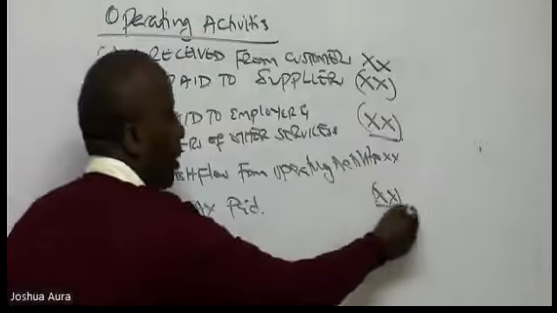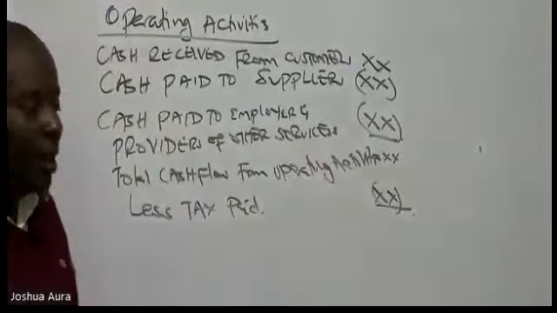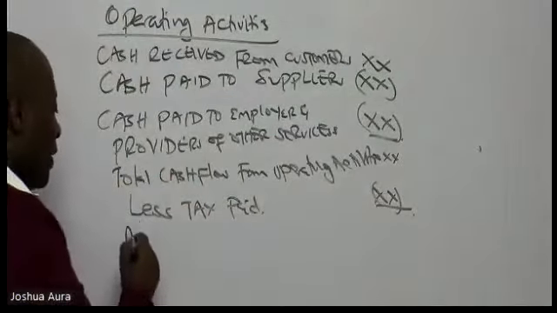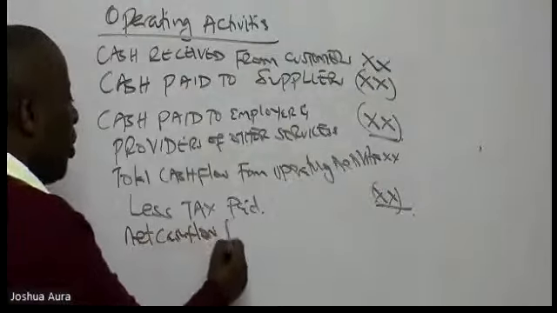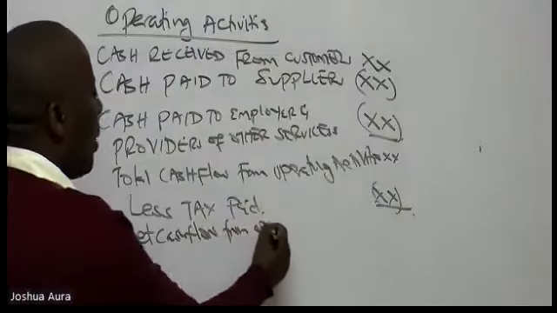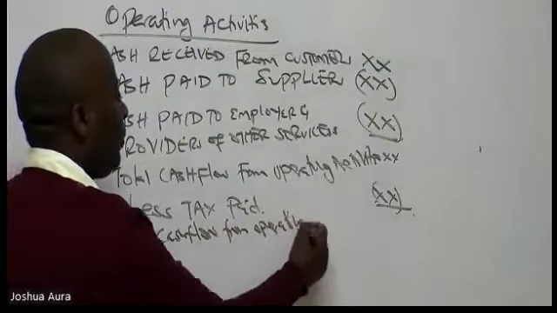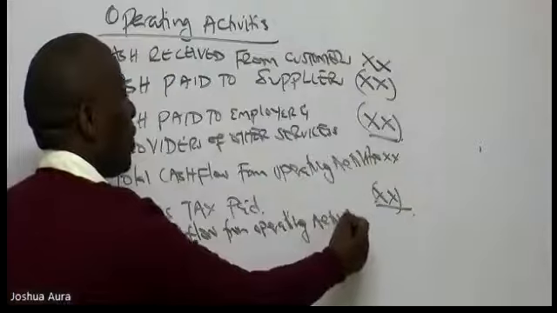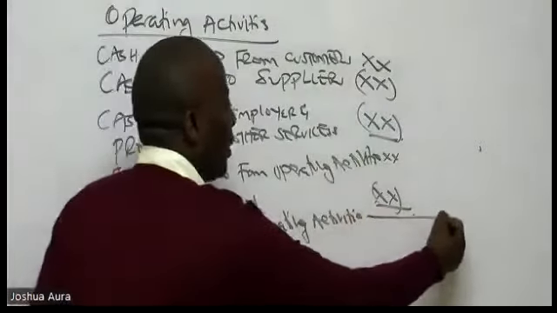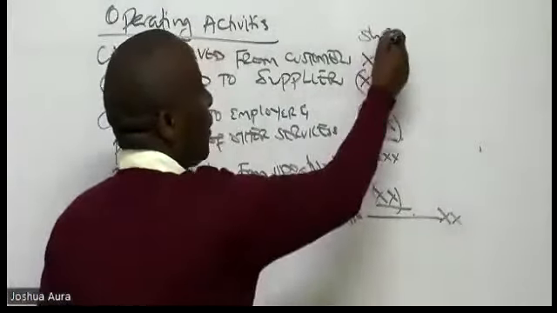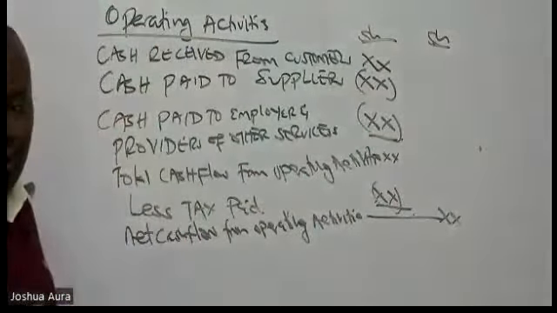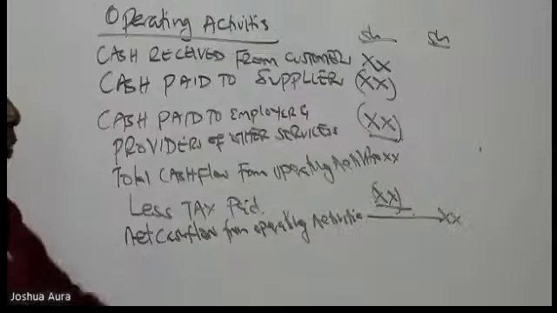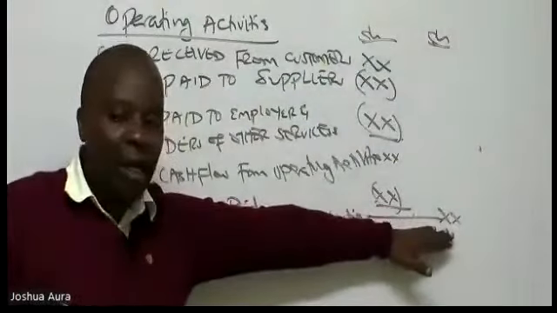Out of this subtraction, the net amount we get, we shall call net cash flow from operating activities, which we shall transfer to this other column. Remember, here we have shillings. So the net cash flow from operating activities, we shall take here.